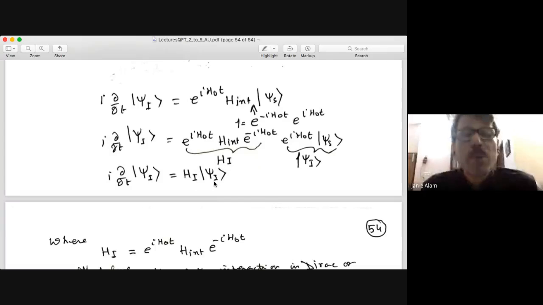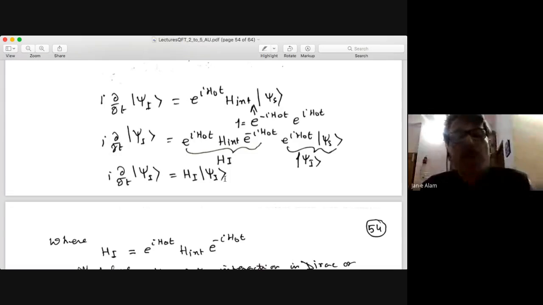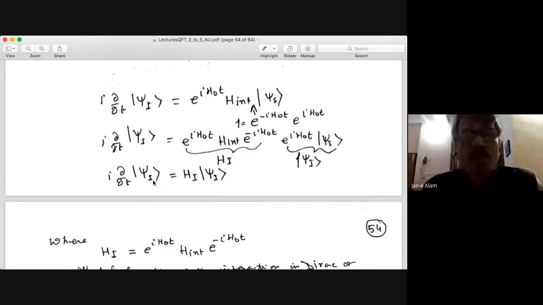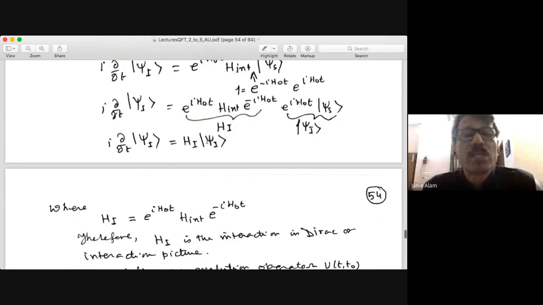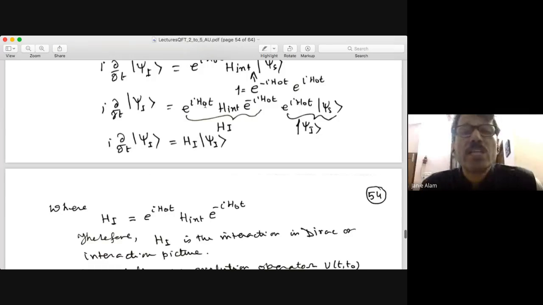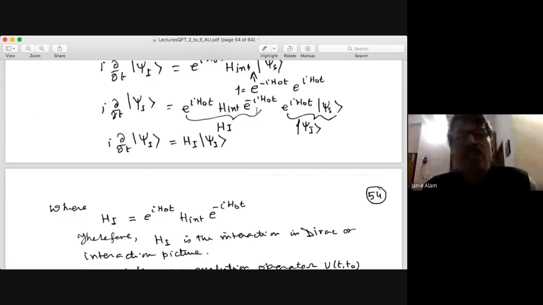In this equation, the total H, the H naught part, is not there, right? So if I solve the equation, this only contains the interaction H_I, e to the i H naught t, and this is simply H_I, the interaction Hamiltonian in the interaction picture, right?